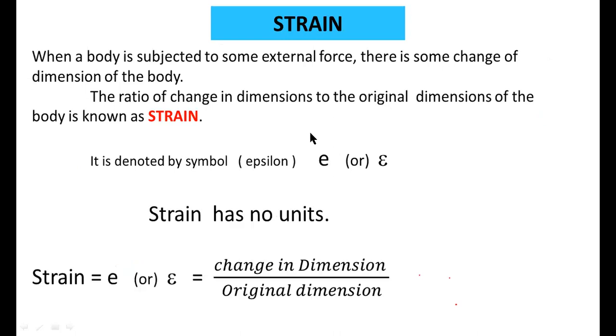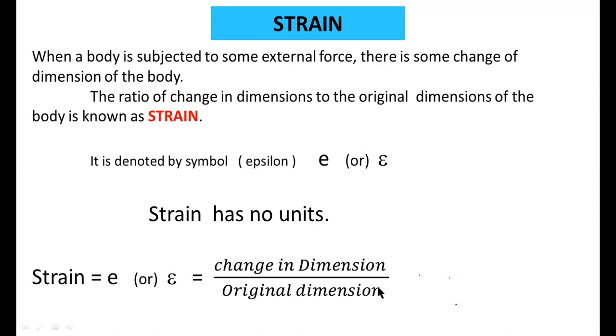Strain has no units, because the formula is change in dimension divided by original dimension. Both numerator and denominator are dimensions, that is, both are lengths, so they have the same units and the units cancel.